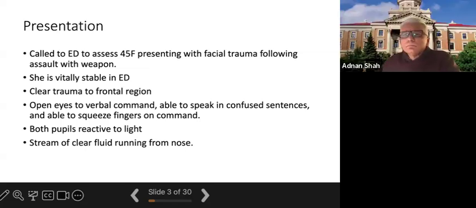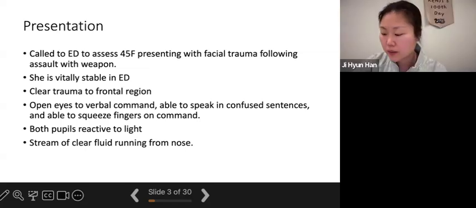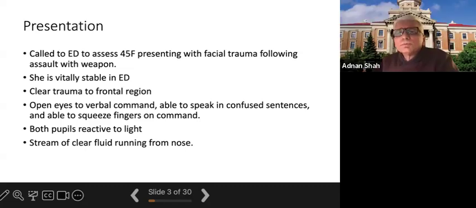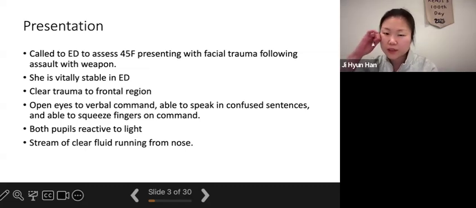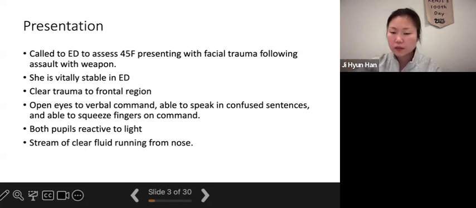So eyes open to verbal is 3. Confused verbal is 4.